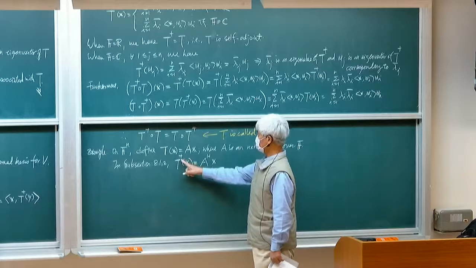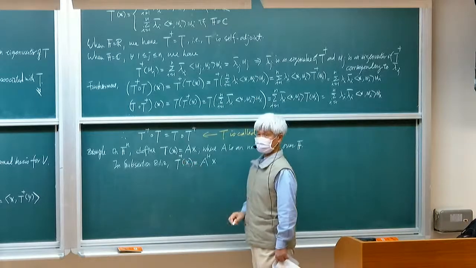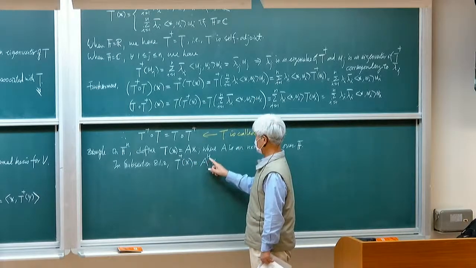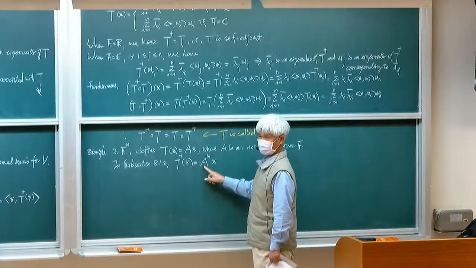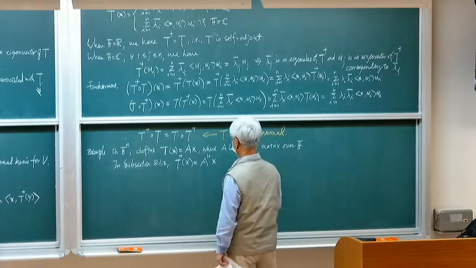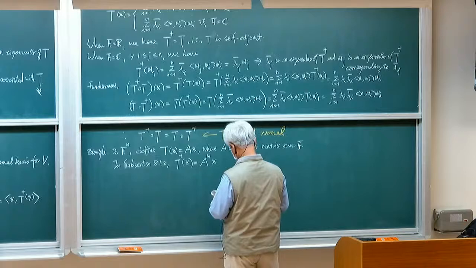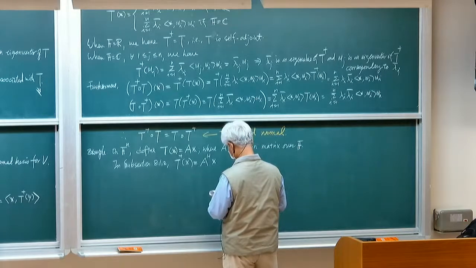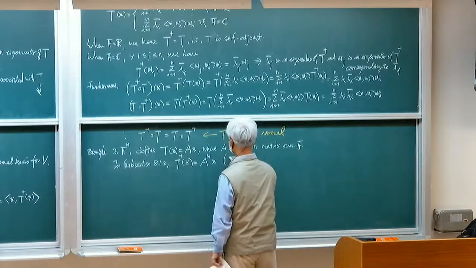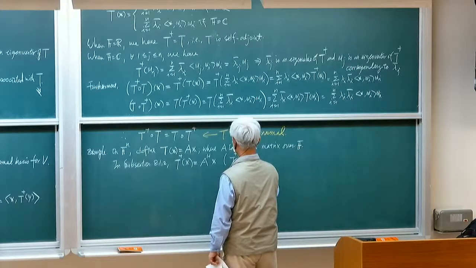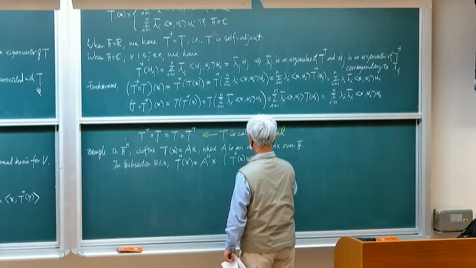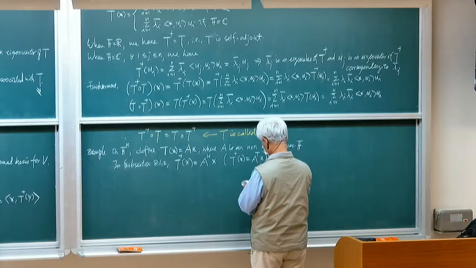So T dagger has the matrix representation which is just the Hermitian of A. And of course, in the real case, that is the transpose of A, right?